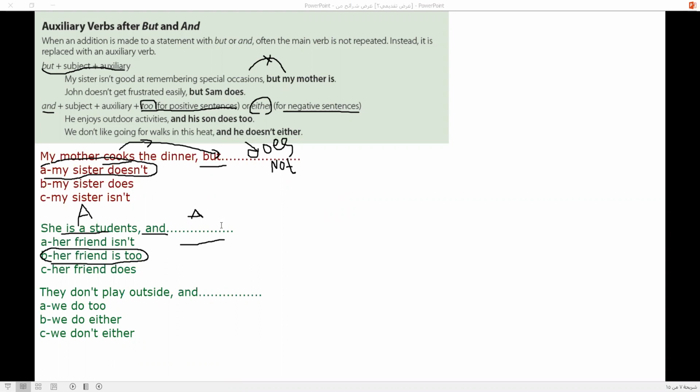What do you think? Very good, Lilas. What do you think, Thalith? Very good, Yaqeen. Yes, Raneem, very good. So the correct answer is they don't play outside and we don't either.